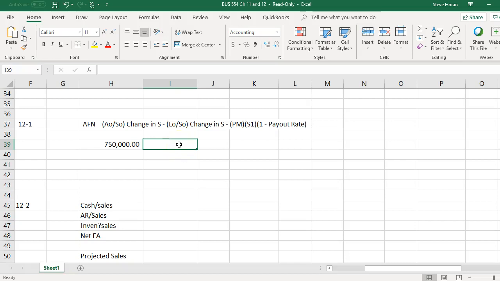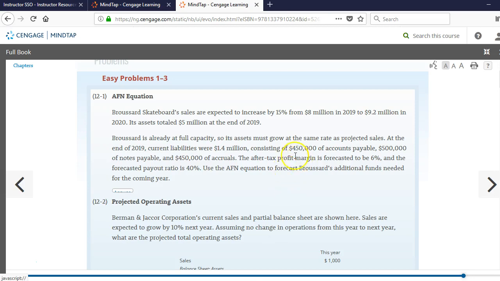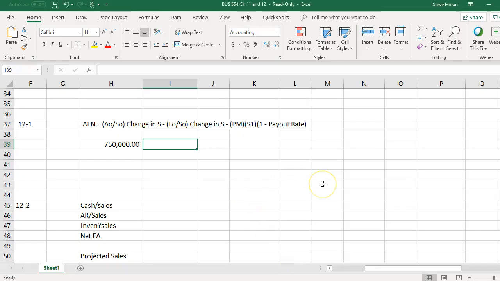Let's do the next one, which is L0 divided by S0 times the change in sales. Remember that I don't include the debt. I only include 450 of accounts payable and 450 of accruals. Okay, so those 2 numbers are what I will use. So let me do a parentheses here: 450 plus 450.